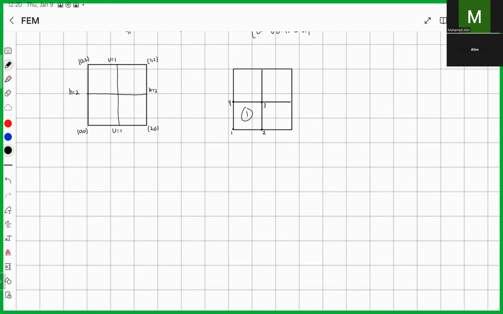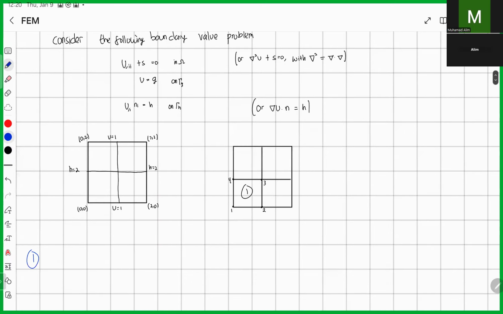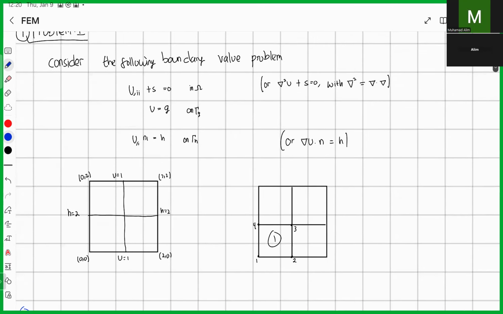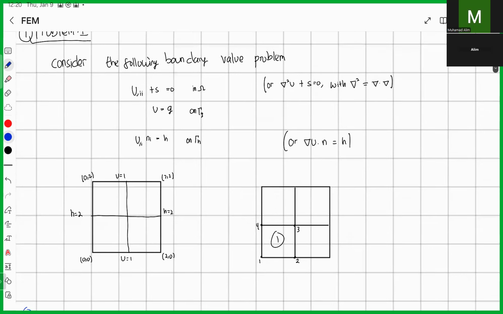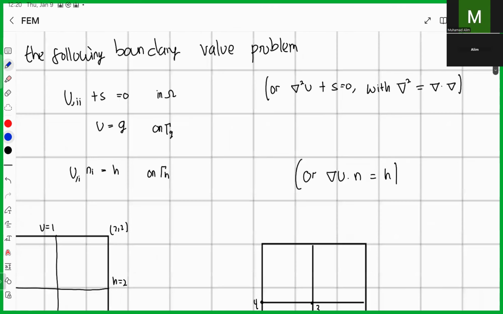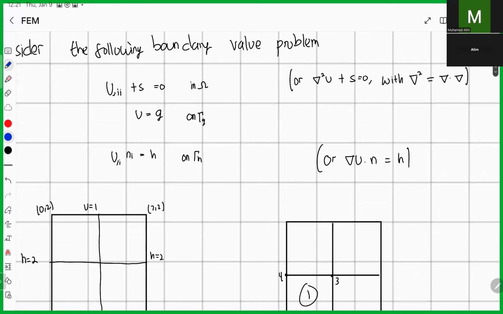So we want to solve this, and the first thing we usually do is to define the strong form. In this case, we have u sub double i plus s equals 0 in the domain, and u equals u_g on the Dirichlet boundary condition.